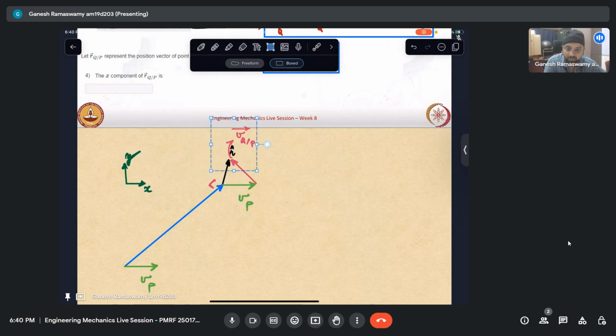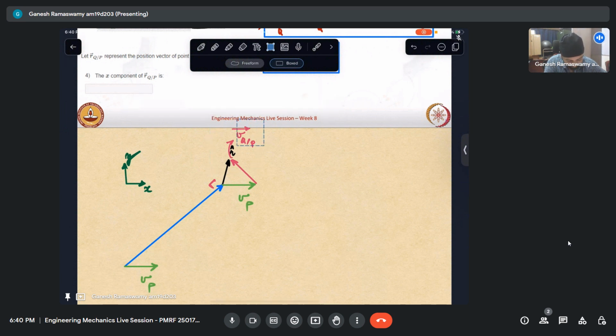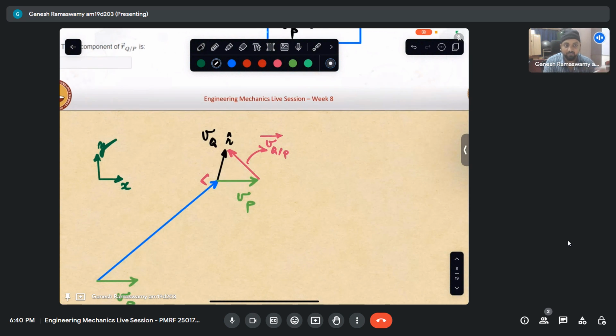And then it finally gives me n cap. So this is nothing but my vQ n cap. So this is what we essentially try to do, but we are doing it analytically with vectors written in i, j components. But graphically, this is what we are trying to do.